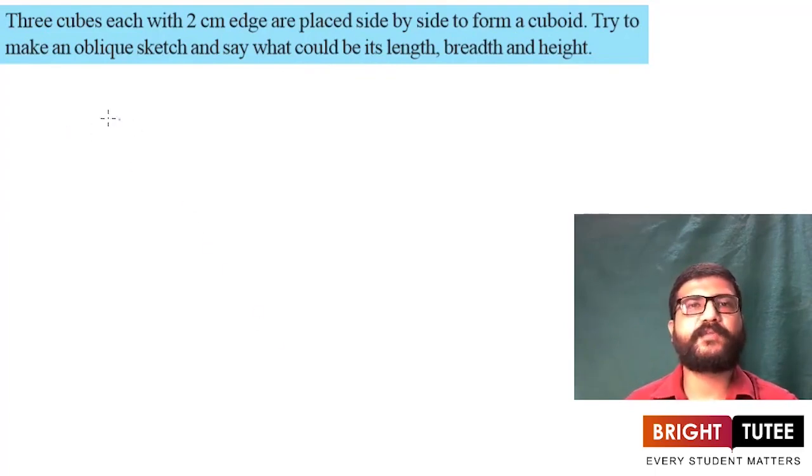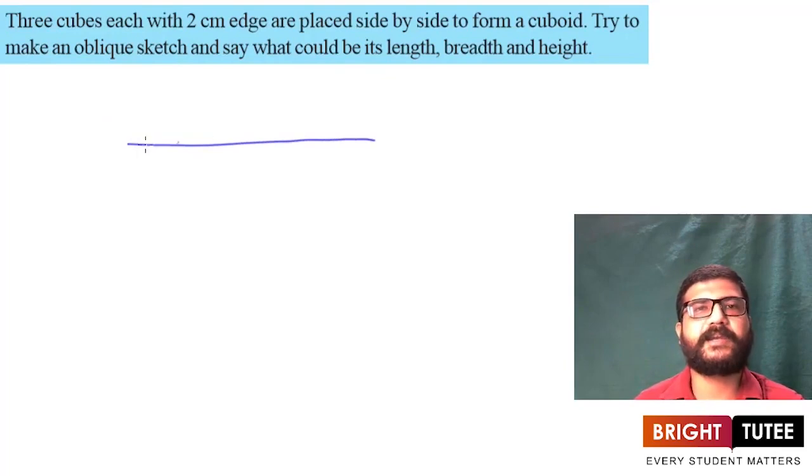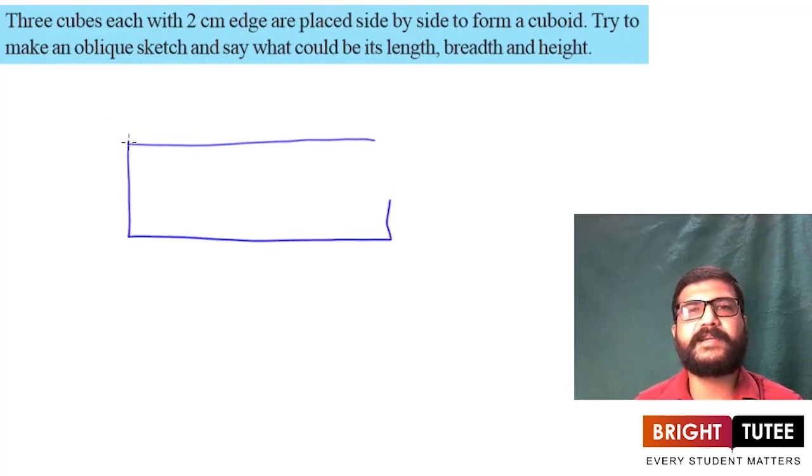So here first of all we will try to draw an oblique sketch. As we know, when 3 cubes are placed side by side, so the resulting figure will be of cuboid only. So let's draw a cuboid first, and then from there only we will get how many cubes are there or how cubes are arranged.